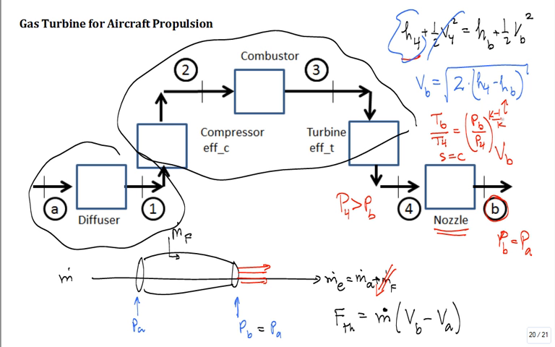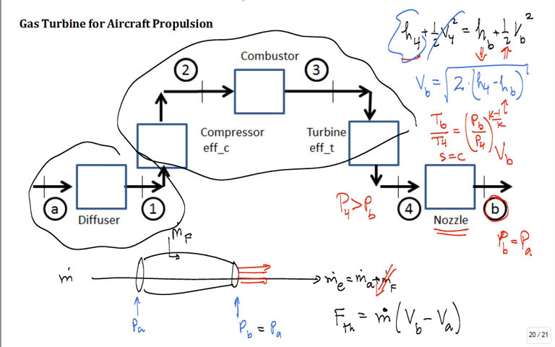We use that same equation. We used it before. So if the pressure goes down, the temperature at B goes down. If the temperature at B goes down, then the velocity goes up. Because the enthalpy goes down, the kinetic energy, the velocity goes up.